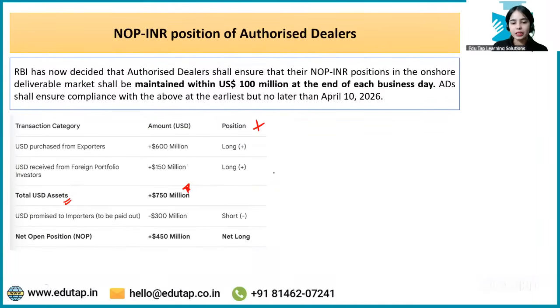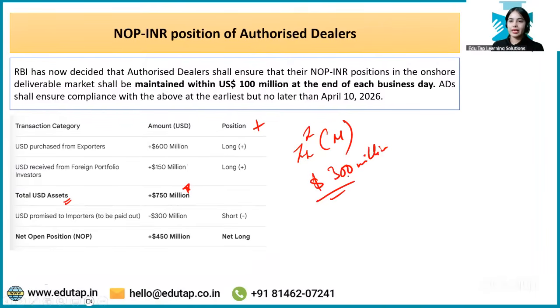Now let's say that the Indian importer wants to import the machine for which it requires $300 million. From where is the importer going to get the dollars to import the machinery? From the bank. So basically the bank will give the dollars to the importer and will get the rupees. Okay.